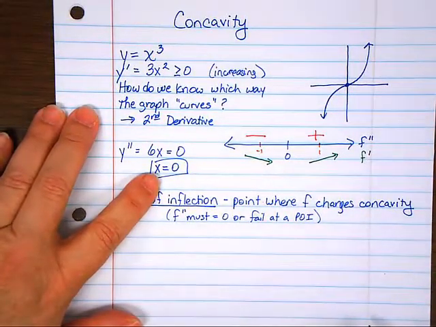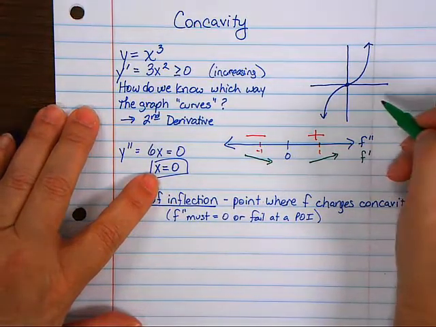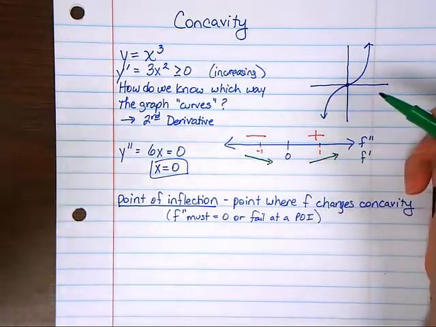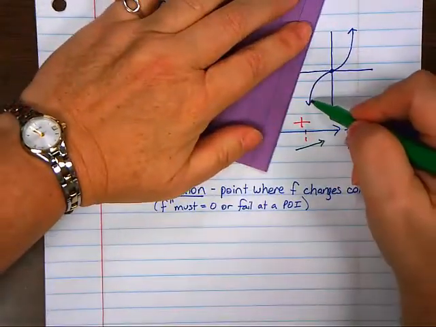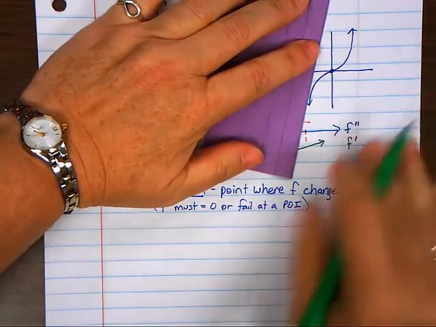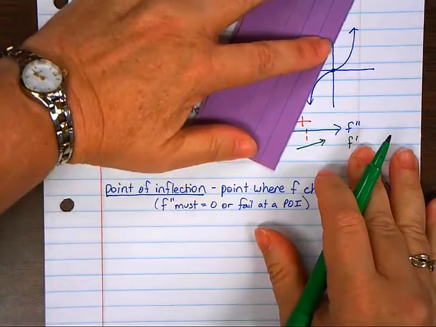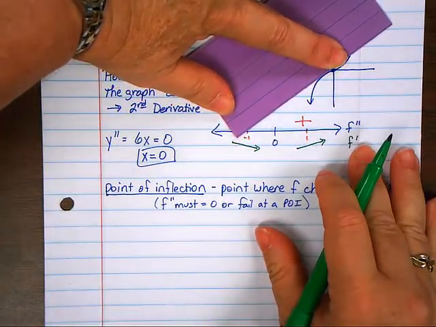Now, f prime decreasing and increasing is kind of a strange thing to say. What I'm talking about is this. I'm going to take this purple piece of paper and I'm going to put it over here. As you go up this curve, are the slopes of the tangent lines represented by the purple paper getting bigger or smaller?